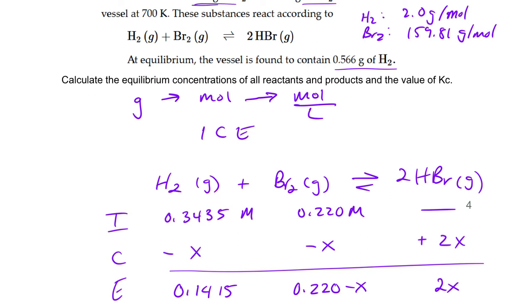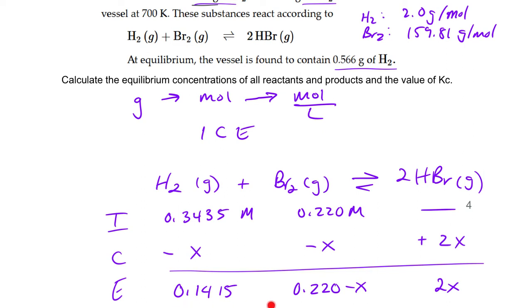For my change line, again, no initial concentration of HBr. For my change line, I have minus x for H2. Okay, there's one stoichiometric coefficient, so that's going to be minus x for Br2, and then with the product side, plus 2x for HBr. Easy to forget that too, okay? Everyone good there?